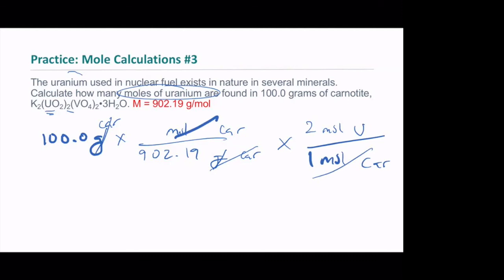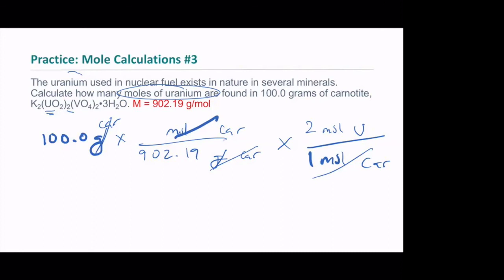So when it asks for a specific atom in a formula, look at the number and then multiply it by that. If it had asked for potassium, it would be 2. Vanadium, it would be 2. Hydrogen, it would be 6. Oxygen, what did we say, 12? No, 12 and 3. 15 oxygens, right?